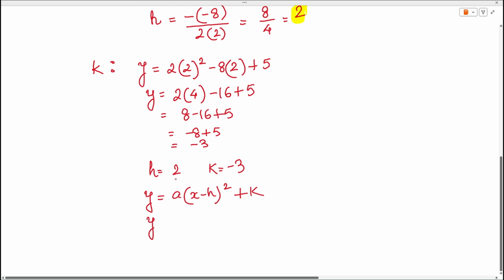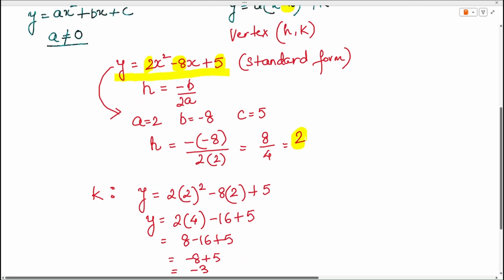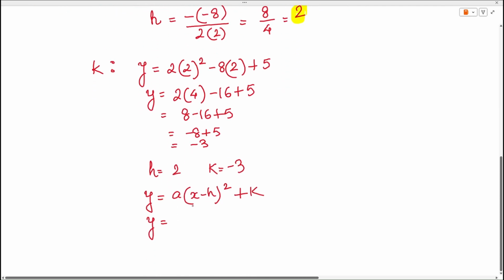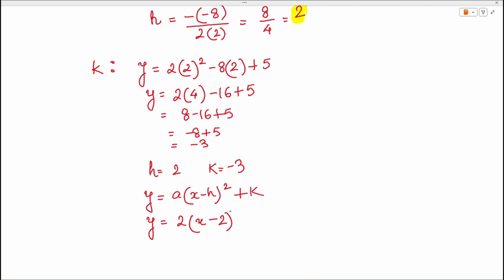With the substitution of h and k, a is the a value, which is 2. So we have 2 times (x minus 2) whole squared plus negative 3.